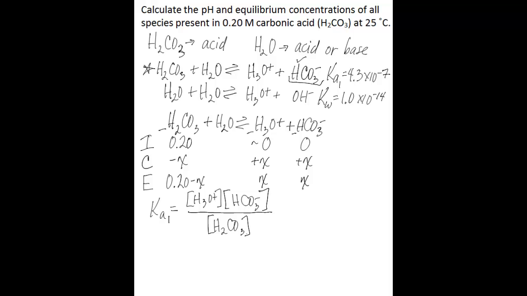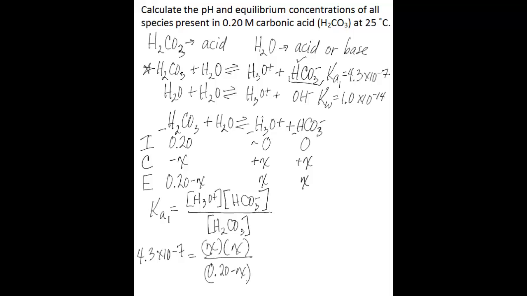You know that the Ka1 value is 4.3 times 10 to the negative 7 because you've looked this up in a table, and substituting in for the concentrations of all the species in terms of x, or their equilibrium concentrations in the table, we have x multiplied by x divided by 0.20 minus x.